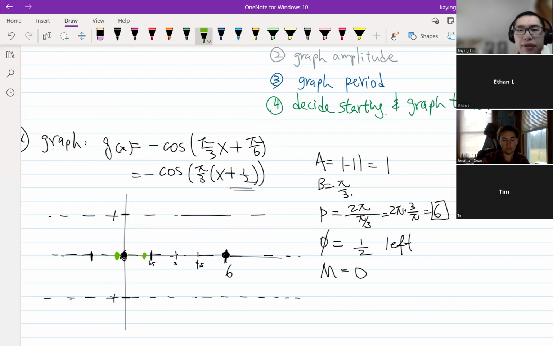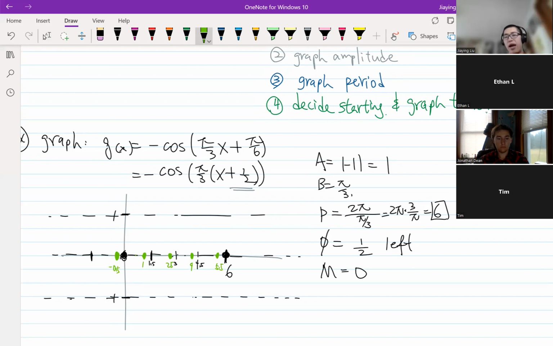And the 3 is going to shift it by about 0.5 to the left. So that's going to be here. And the 4.5 is also going to shift it about 0.5 to the left. So that's going to be here. And the 6 is going to be at 5.5. So this is 5.5. This is a 4. This is 2.5. This is a 1. This is negative 0.5.